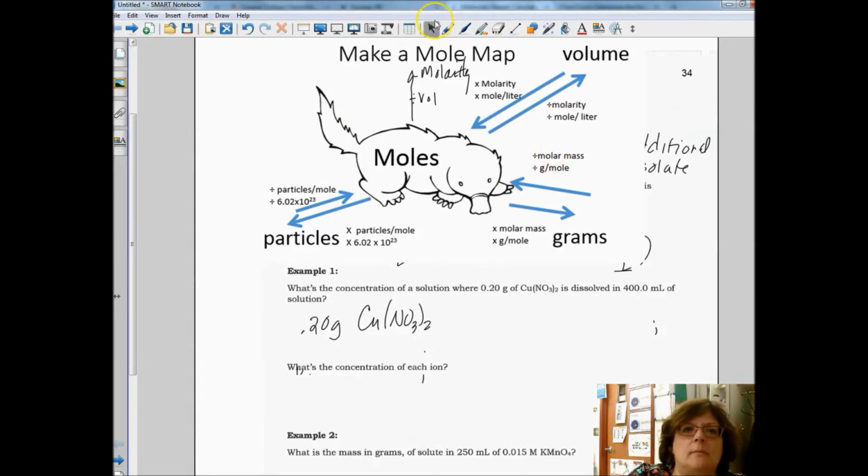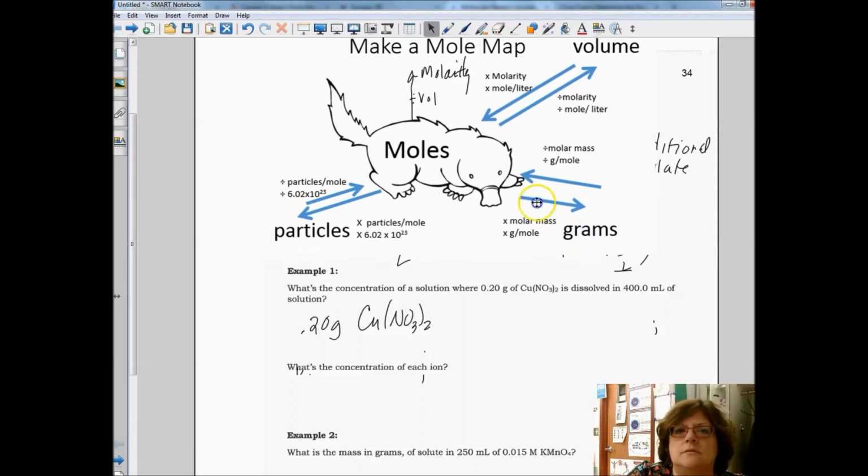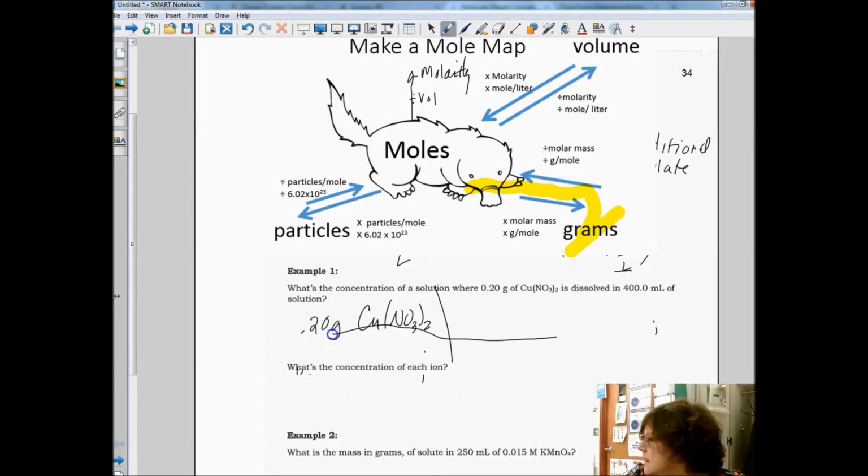If we look at our mole map, starting with grams, and we want to go to moles, we follow this arrow and we divide by the molar mass. The molar mass of copper 2 nitrate happens to be 187.56. That is going to give us moles.